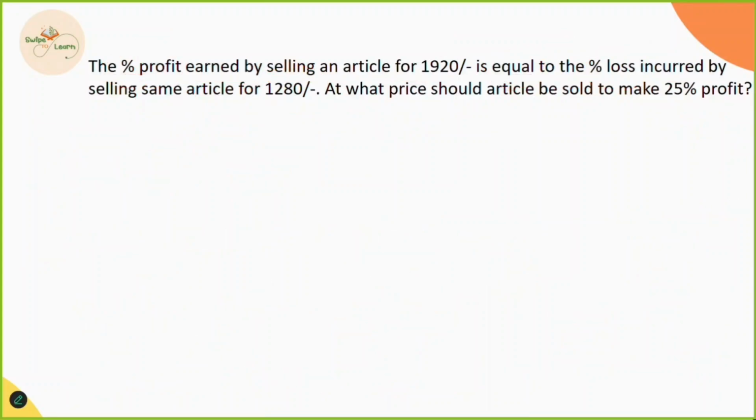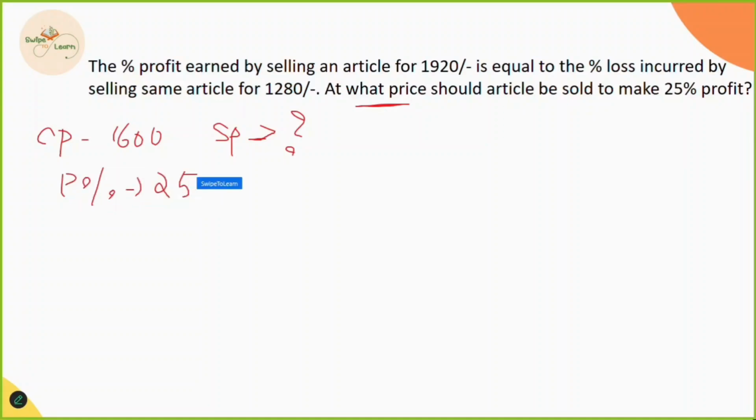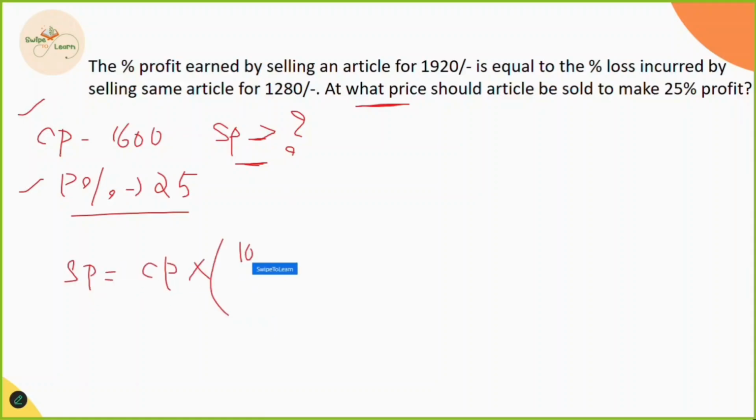See, CP is 1600 and SP we have to calculate, the price at which we have to sell. And profit percentage is given, which is 25. So at 25% profit, at which price we have to sell is the question. When profit percent is given and CP is given, in part 1 we have learnt a formula: SP equals CP, and when profit percent is given, we add it to 100, so 100 plus profit percent divided by 100.